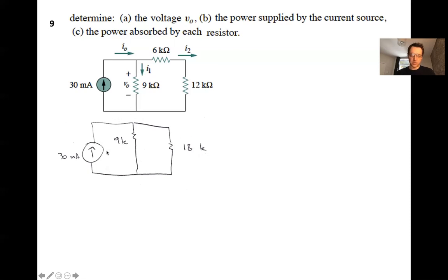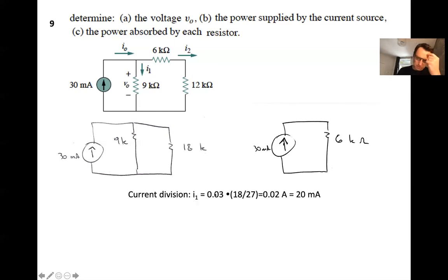So this resistor will draw 2/3 of the 30, and this resistor will draw 1/3 of the 30. Mathematically, we can see this by reducing the 9 and the 18 together, which forms a 6. So 9 times 18 divided by 9 plus 18 gives us 6.